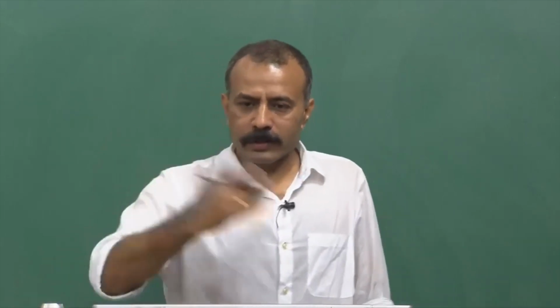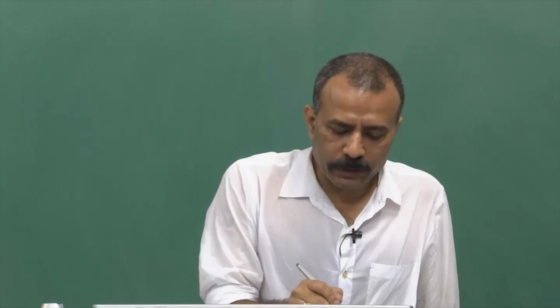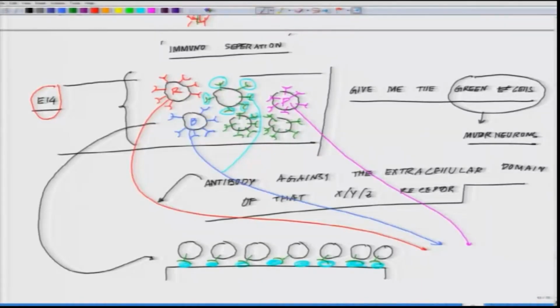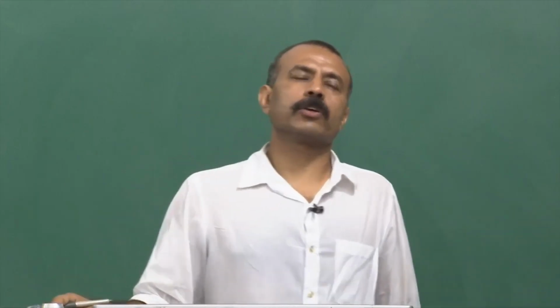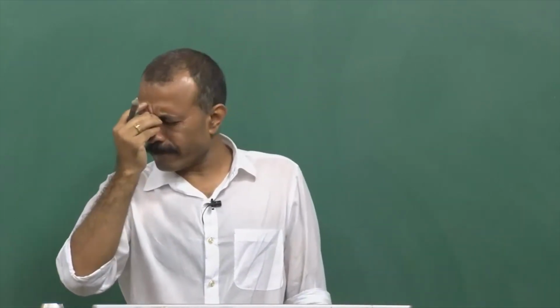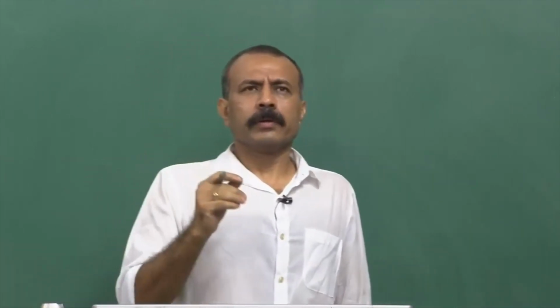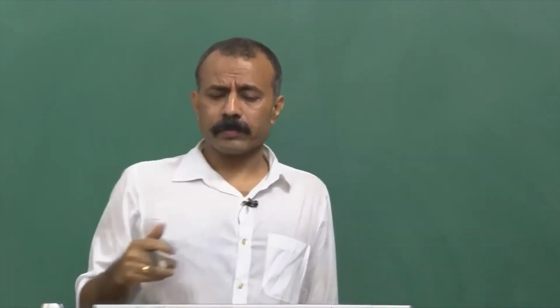And there were very discrete events which took place, like E14 motor neurons express a particular extracellular receptor. This was discovered by a gentleman called Johnson in St. Louis, Missouri, back in the 1980s probably, or earlier than the 80s.